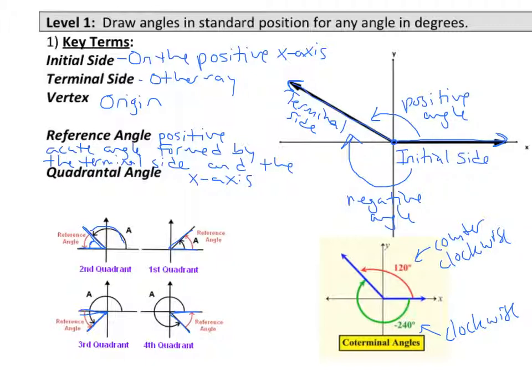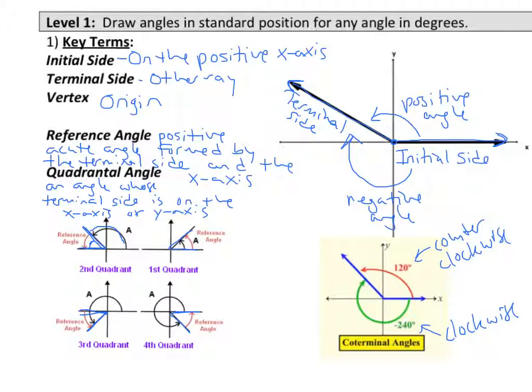And then one more definition: a quadrantal angle is an angle whose terminal side is on the x-axis or y-axis.